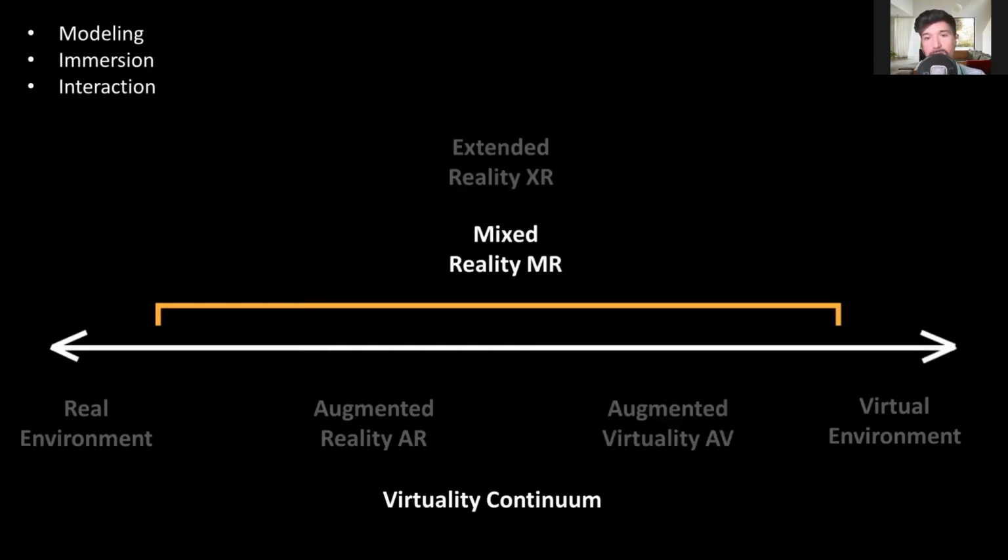Now, when we are talking about mixed reality, there are different ways of describing it, but the most common one is when you describe something that includes the interaction portion. So mixed reality is not just an umbrella term that covers everything from the real environment to the virtual environment, so everything in between, like augmented reality and augmented virtuality.